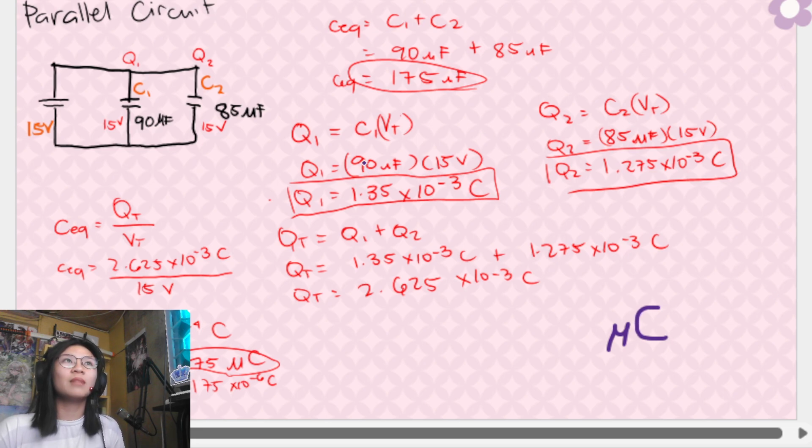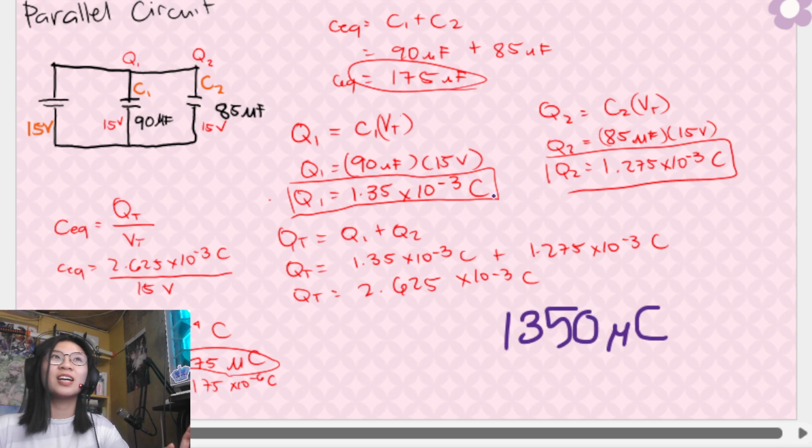Okay? Then you can multiply 90 with 15. So that is around 1,350. Is that right? 90 times 15. Yep, 1,350. I'm correct. So 1,350 microcoulomb.